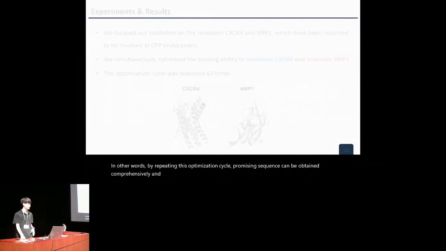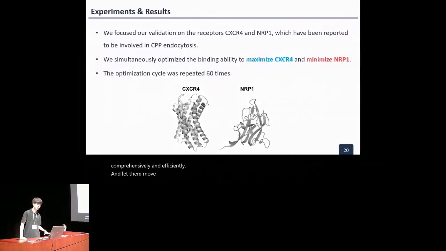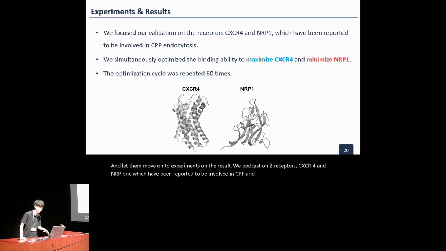Let's move on to the experiments and the results. We focused on two receptors, CXCR4 and NRP1, which have been reported to be involved in CPP endocytosis. We simultaneously optimized the binding ability to maximize CXCR4 and minimize NRP1, and we repeated this 60 times.